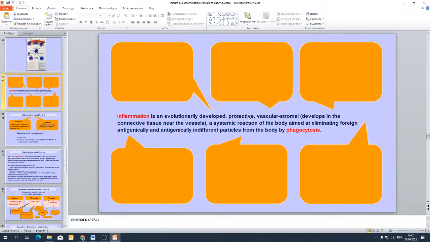You have discussed macrophages and neutrophils, vascular and stromal reactions, leukocytes. Then foreign antigenic and antigenically indifferent particles are eliminated. For example, antigenic ones are microbes, xenobiotics, and maybe antigenically indifferent particles.